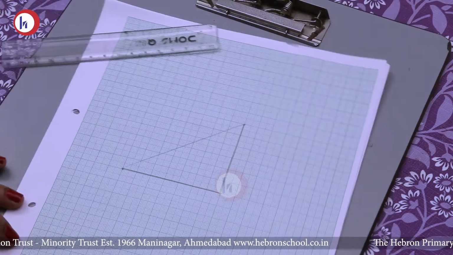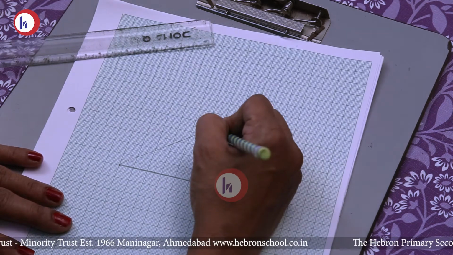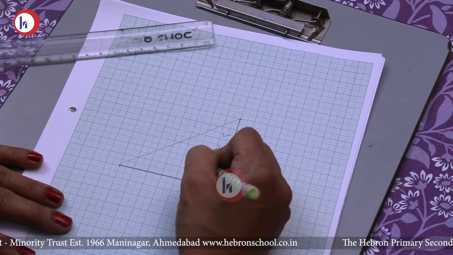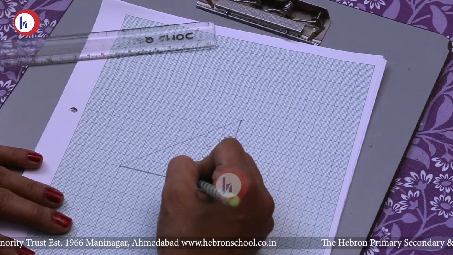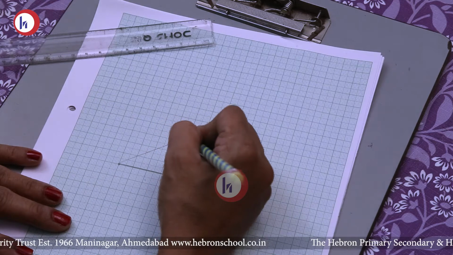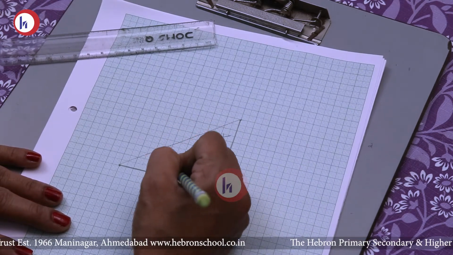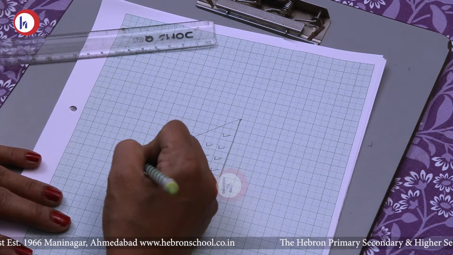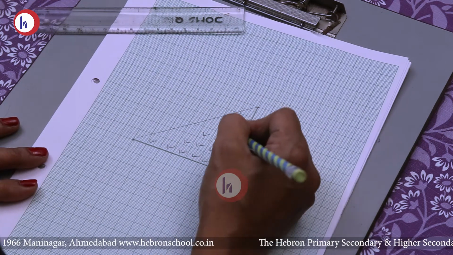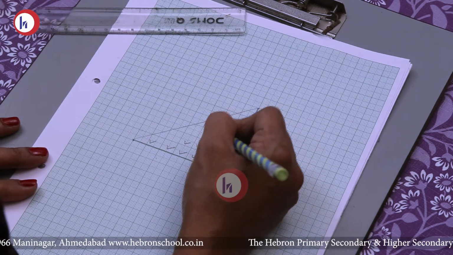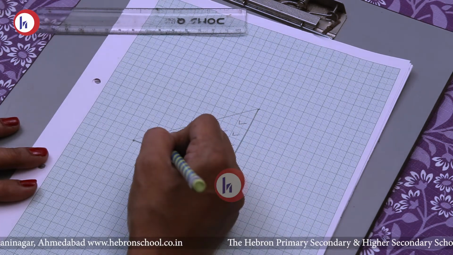Okay? See. Now first we will find out the full squares. 1, 2, 3, 4, 5, 6, 7, 8, 9, 10, 11, 12, 13, 14, 15, 16. 1, 2, 3, 4, 5, 6, 7, 8, 9, 10, 11, 12, 13, 14, 15.